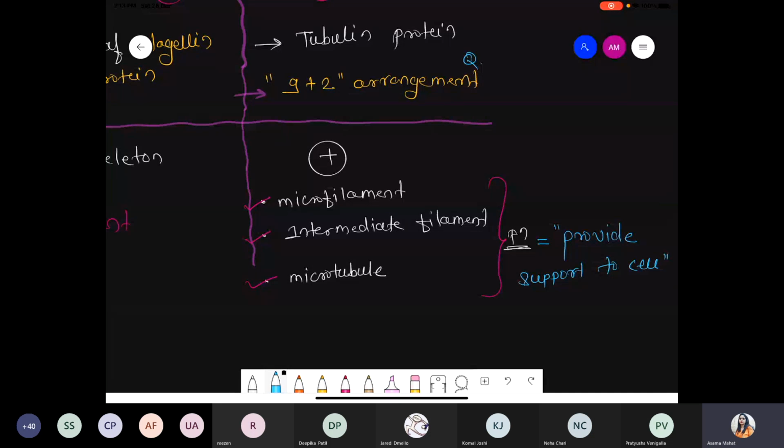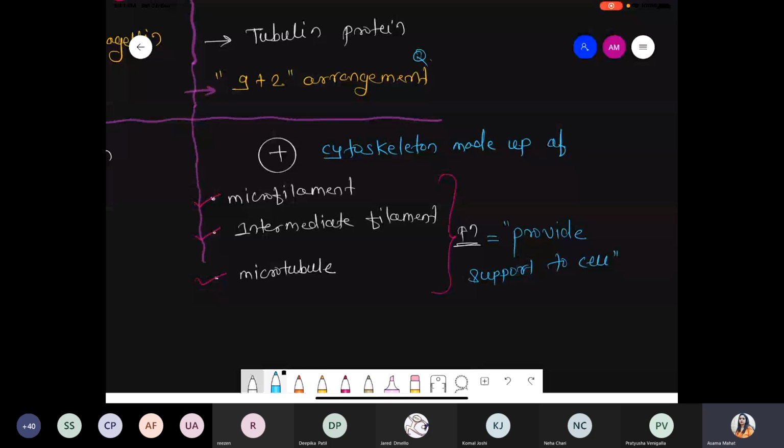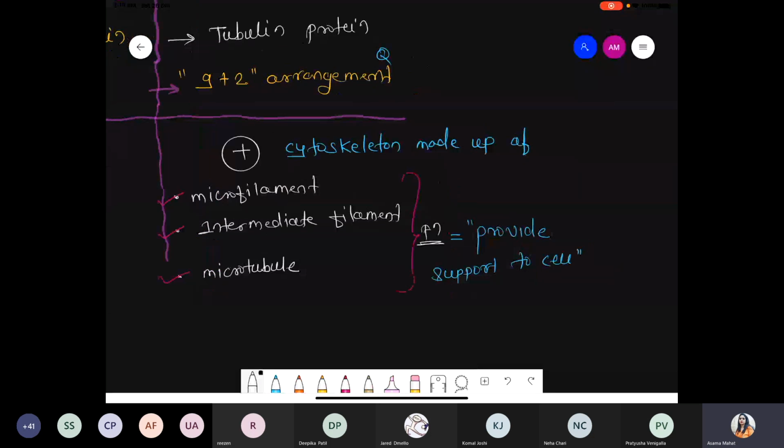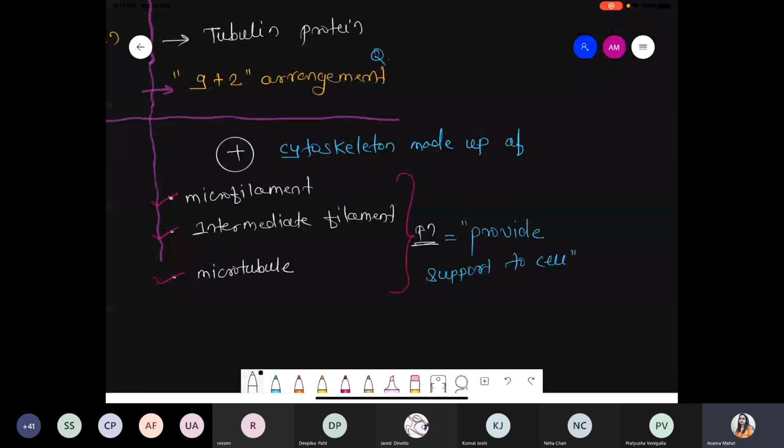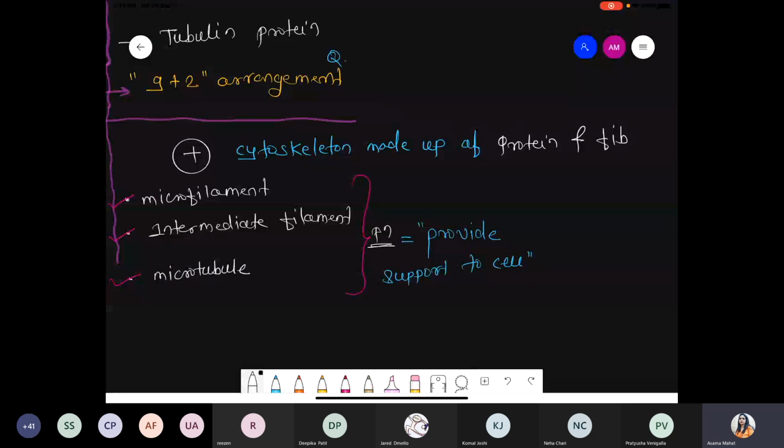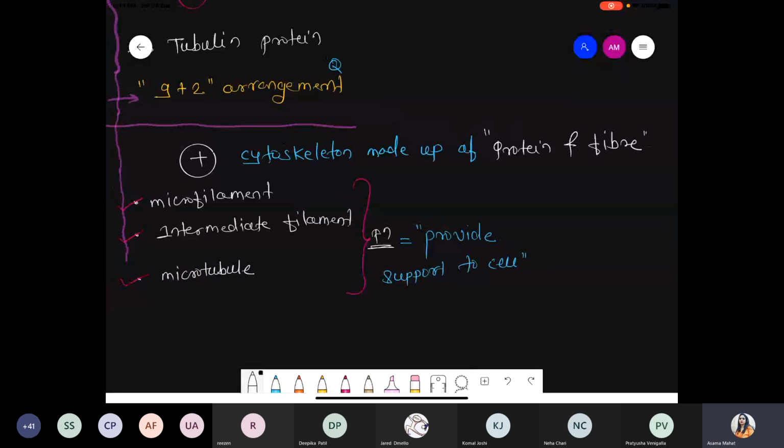Please remember, whenever we are talking about the cytoskeleton, it is obviously present, and it is made up of protein plus fiber. We'll discuss that part later: actin protein, myosin protein, or tubulin protein, etc. So they are made up of two components: number one, protein, and the other, fiber.